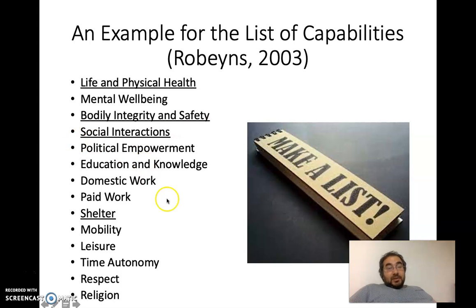In some cases, for example for paid work, there's a discussion on what it means, and he discusses the capabilities of people to meet the need of paid work in two different ways it can be defined. One way is, for example, that paid work should not be that heavy, and it should give a proper wage maybe. The other one might be access to paid work.